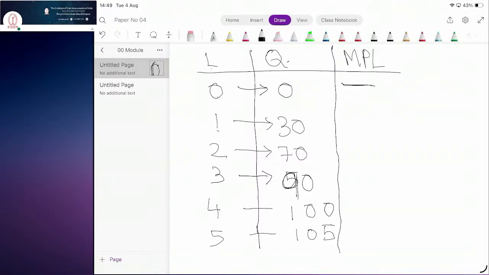From 0 to 1 my output has increased from 0 to 30. What is the output when input is 1? It is 30, and when it was 0 the output was 0, so this is 30. So the marginal product of labor for the first unit of labor is 30.